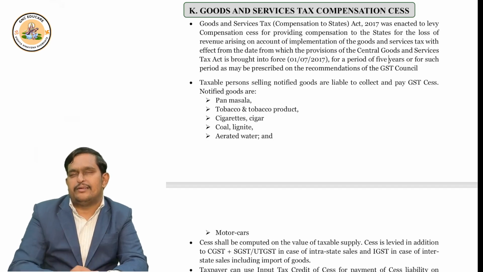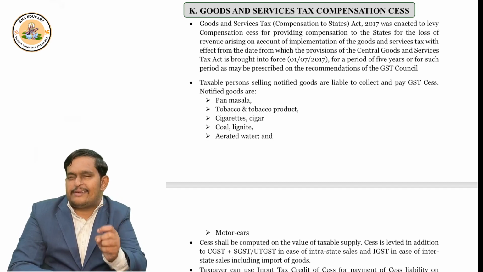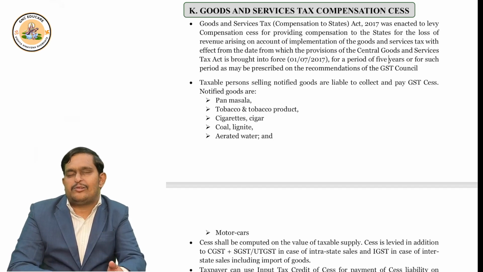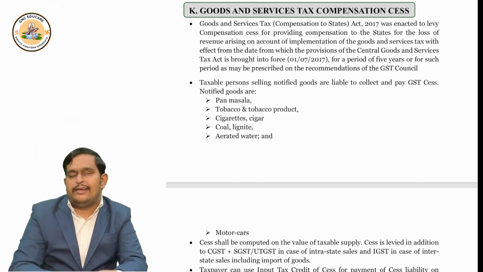But when should it be levied? Generally, when supply of goods happens, at that time CGST, SGST are applicable. In an intra-state sale, obviously at that time only CGST, SGST are applicable. So compensation cess should also be applicable at the same time, not later on. Similarly, when you deal from one state to another state, IGST is applicable.